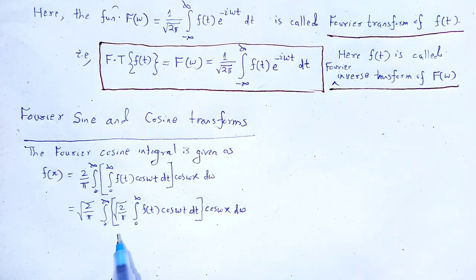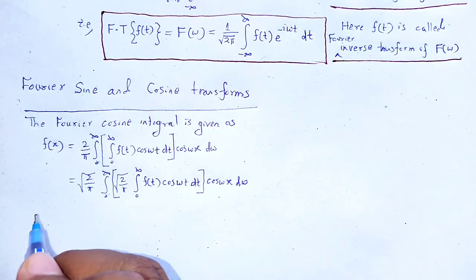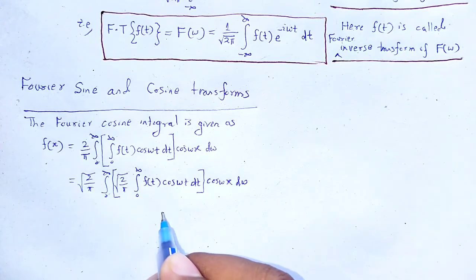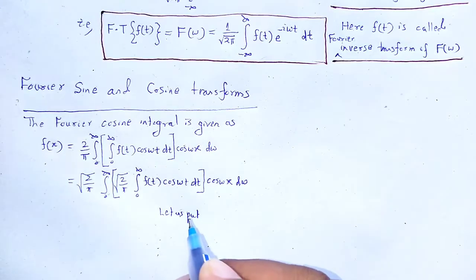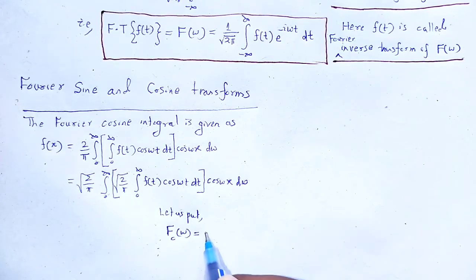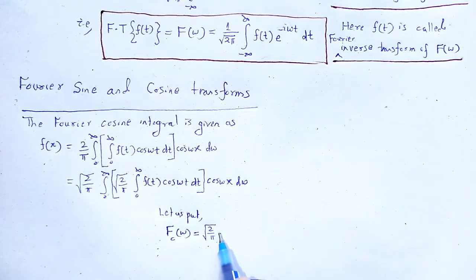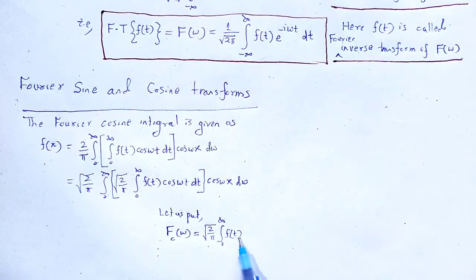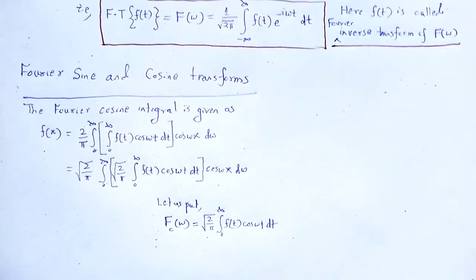Same thing, let us put F c of omega is equal to that integral portion, integration over 0 to infinity f of t cos omega t dt.